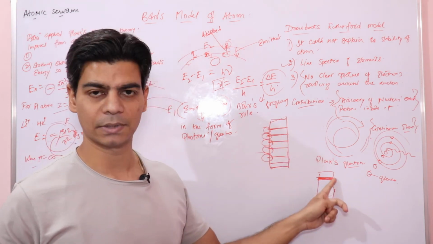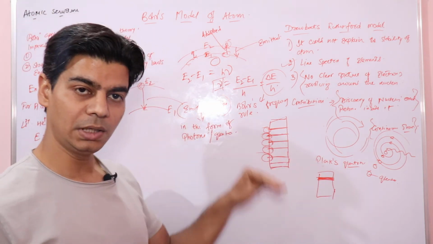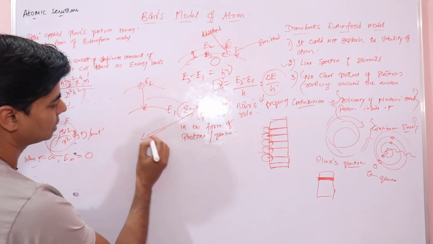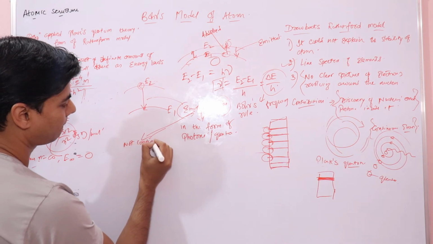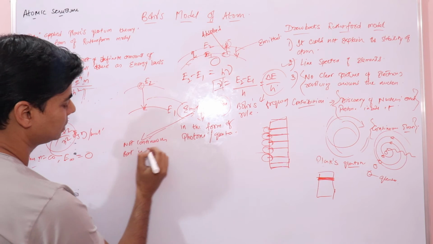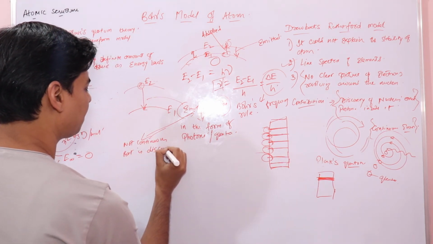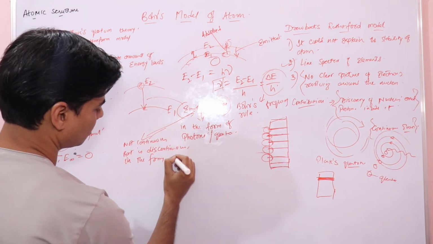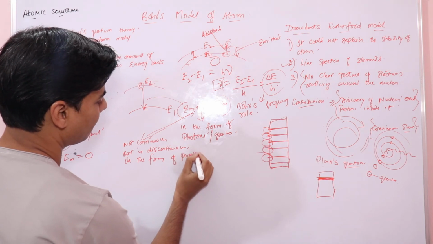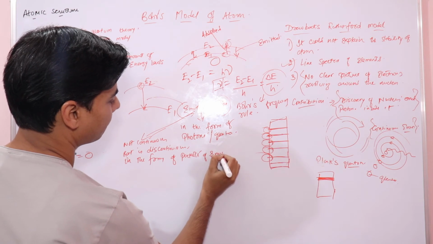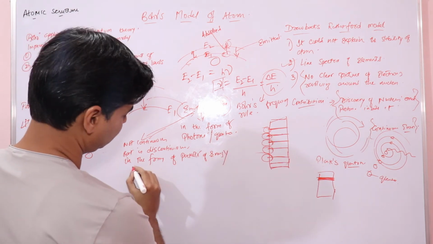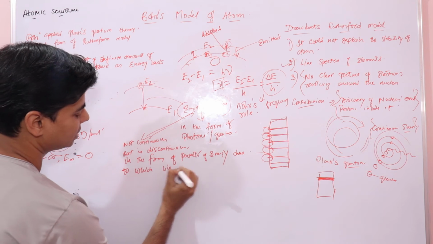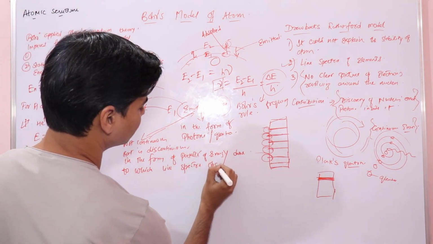It is not a continuous spectrum because the emission of radiation is not continuous, but discontinuous, in the form of packets of energy, due to which line spectra is observed.